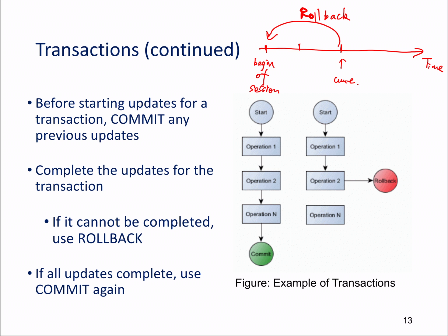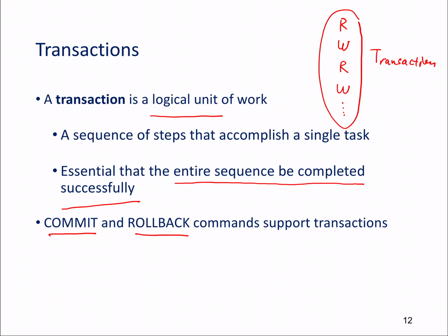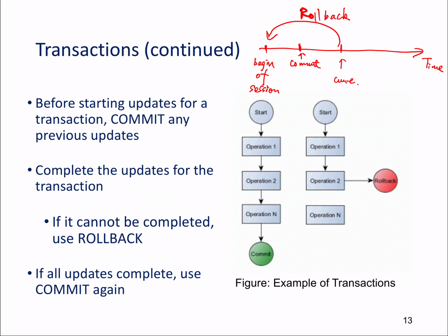If sometime in the middle you have made a commit, let's say this is the time you made a commit after you logged into the database, and then you make a rollback, this can only roll back to your last commit.